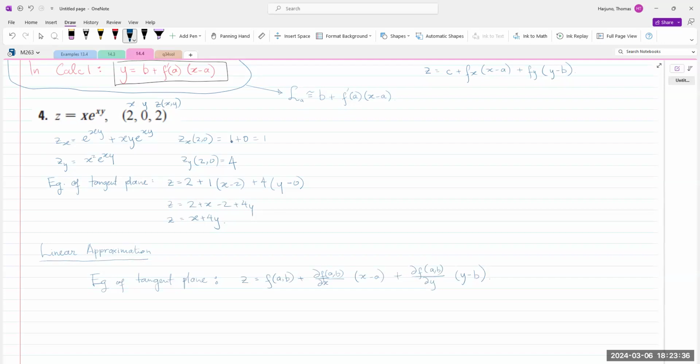Now the linear approximation is basically replacing that value z by L at (a, b).